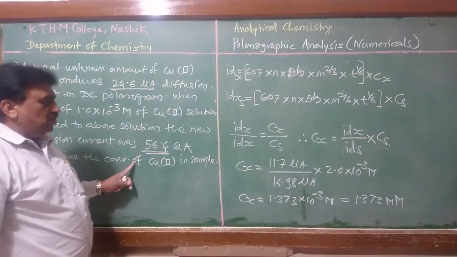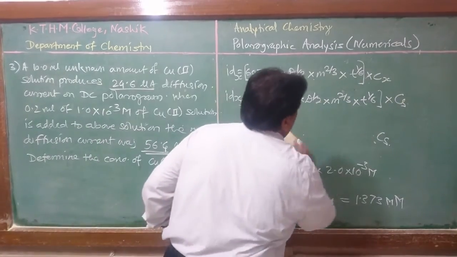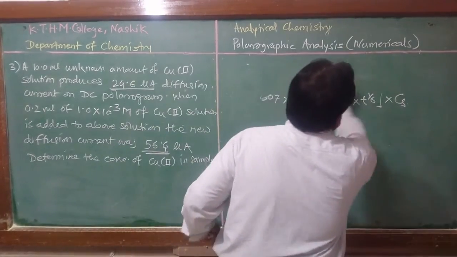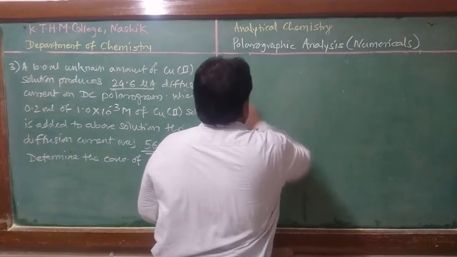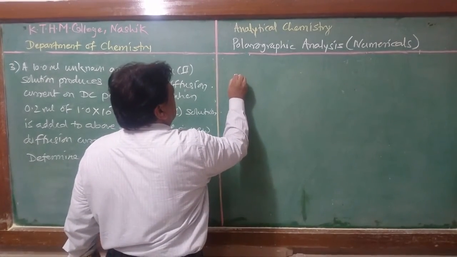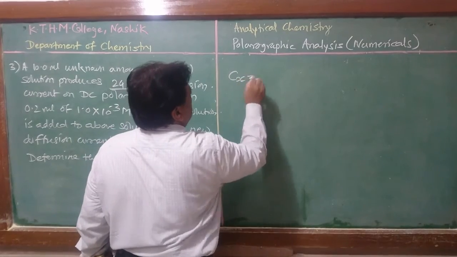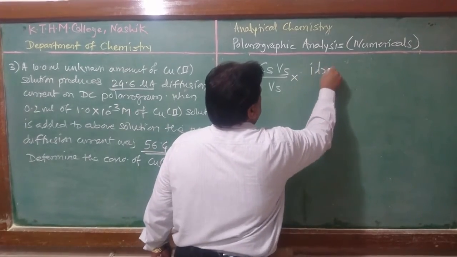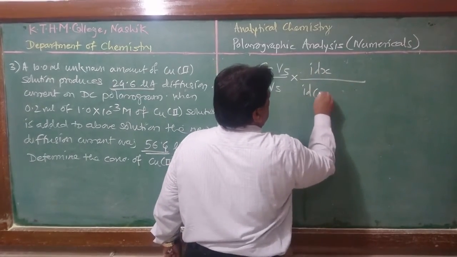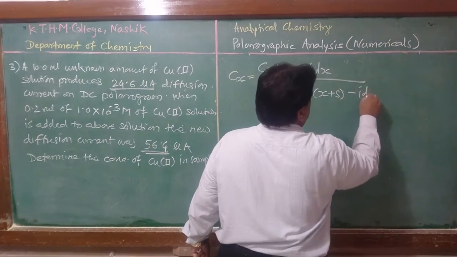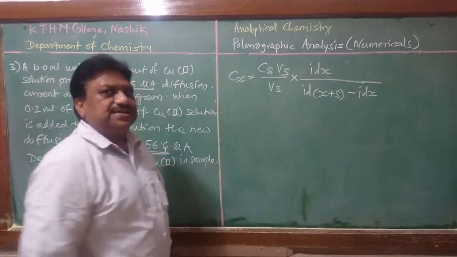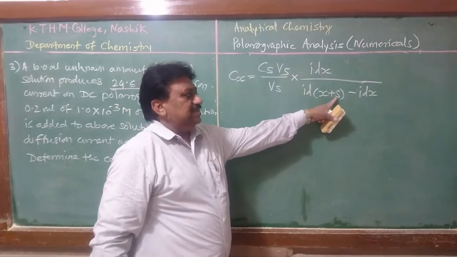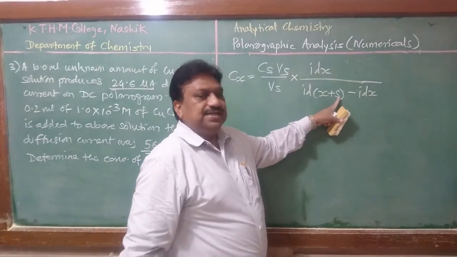And for calculation of concentration in a sample, we have this formula. You can directly write down this formula. We can discuss afterward how this formula is generated. That is, concentration of sample is equal to Cs into Vs upon Vx into IdX upon IdX plus s minus IdX, where IdX is the diffusion current for the sample, and IdX plus s is the diffusion current for the sample containing standard.